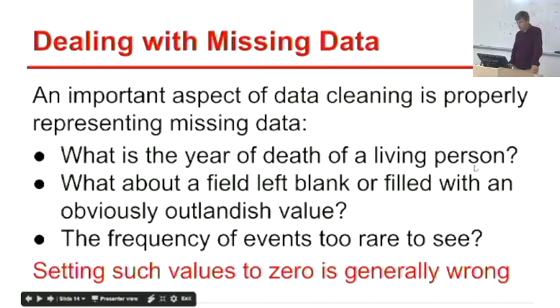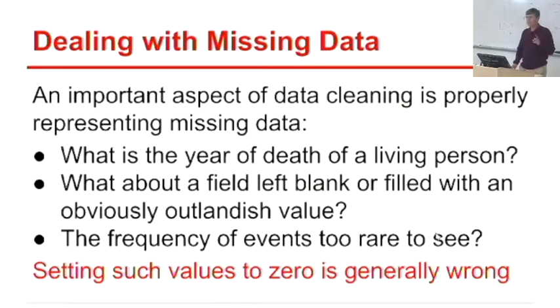There's another problem which we won't talk about today, but we'll talk about later, where sometimes we have to estimate the frequency of things that are very, very rare, that we may not have seen. For example, what's the probability that when I toss a coin, it's going to come up heads? Half. And what's the probability it will come up tails? And what's the probability it will land on its side? It's not 0, right?